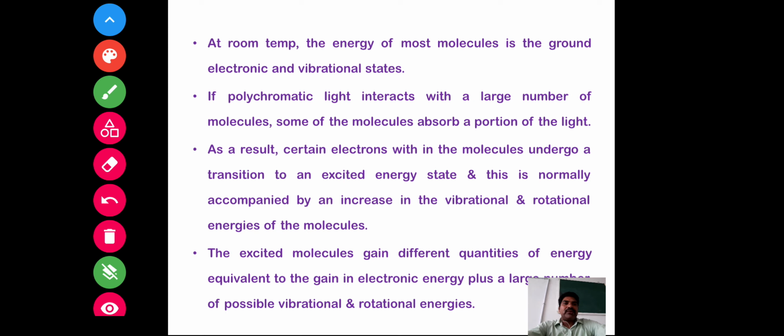Now, what happens when the molecular energies are getting promoted into the higher energies? If a polychromatic light interacts with a large number of molecules, that is a given population of molecules, some of the molecules absorb a portion of the light. As a result, certain electrons within the molecules undergo a transition to an excited energy state.